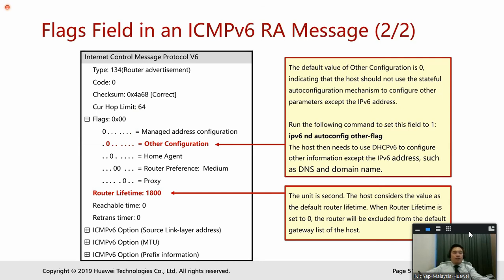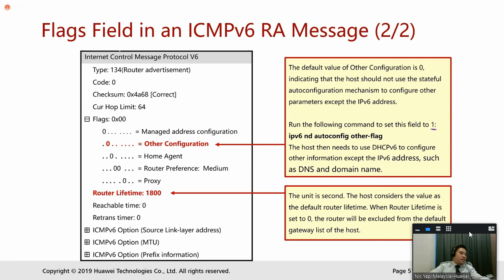You can run this command to set it to 1: the IPv6 ND autoconfig other flag. The host then uses DHCPv6 to configure other information except the IPv6 address, such as the DNS and a domain name. So in this case, the other configuration is for information like DNS, domain name, and so on, which can be gathered from DHCPv6.